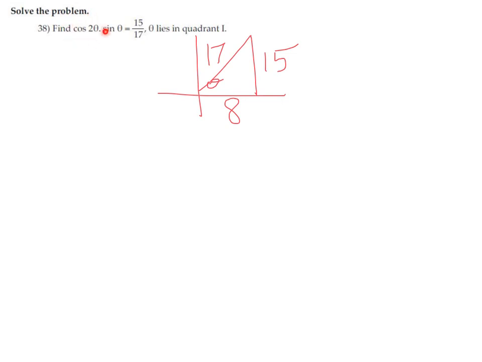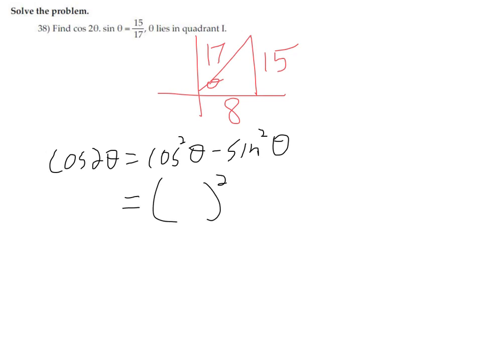So now we have to work out what cosine 2 theta is. There are 3 different versions for cosine 2 theta, and it doesn't matter which one we use. I will use the one that I have memorized, which is cosine 2 theta equals cosine squared theta minus sine squared theta. Cosine squared theta is cosine theta squared, so these are both squared. Cosine theta is adjacent over hypotenuse, 8/17, and sine was given as 15/17.